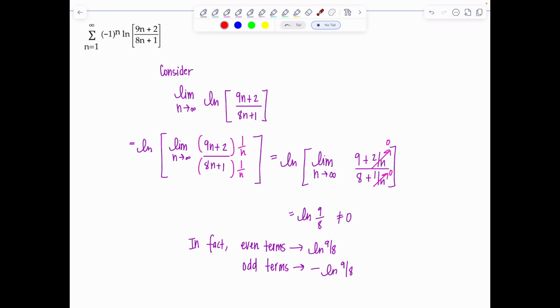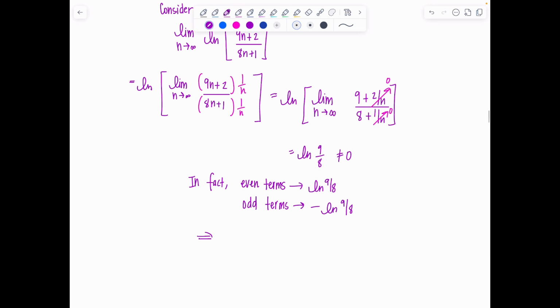So what does that mean? If the even terms and the odd terms have different limits, that means the limit as n goes to infinity of the alternating one, of ln of 9n plus 2 over 8n plus 1, does not exist, and therefore it doesn't equal 0.